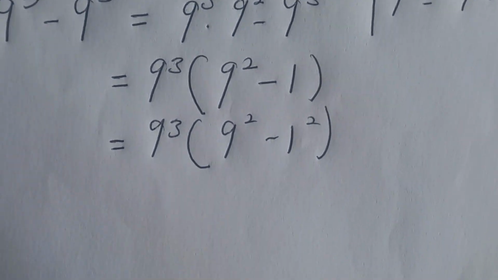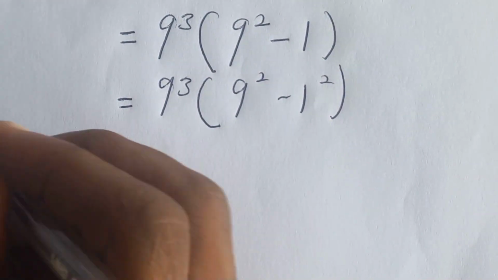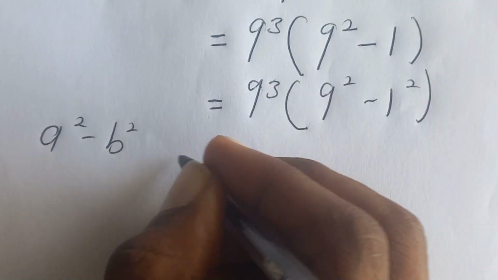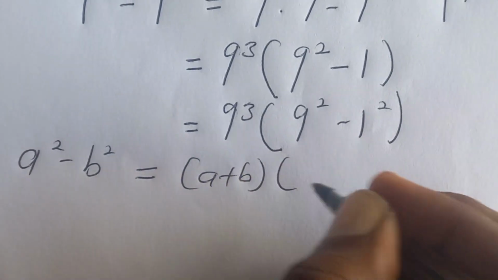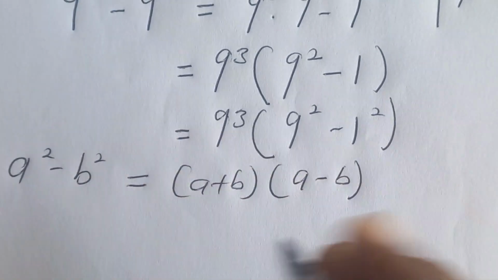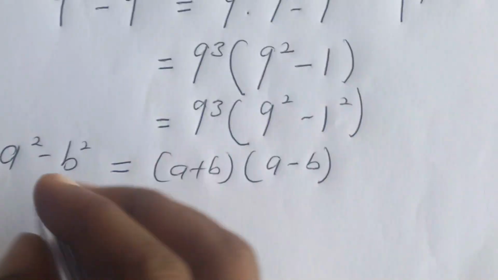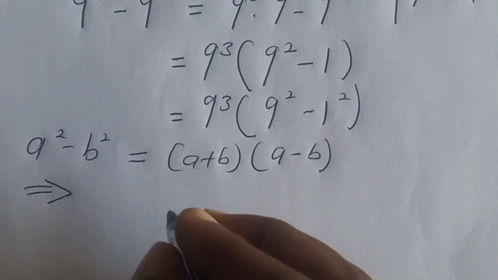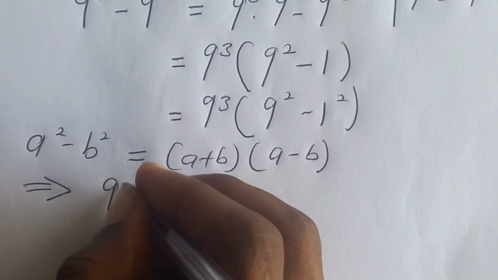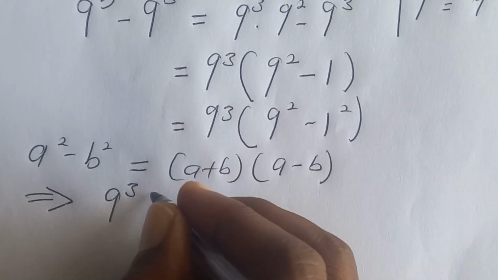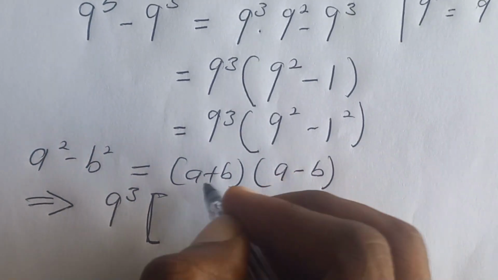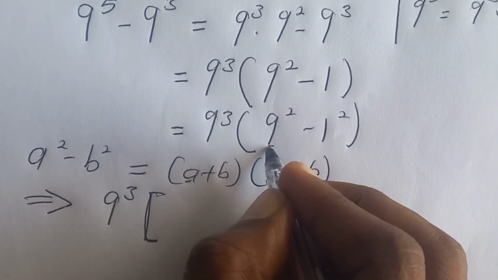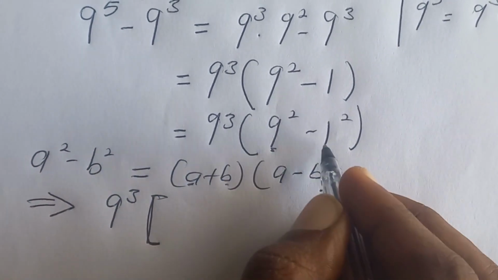So in algebra, when we have a squared minus b squared, it is equal to a plus b into bracket a minus b, like this. So our equation we can rewrite as 9 cubed into bracket. Now our a is 9 squared and b is 1.